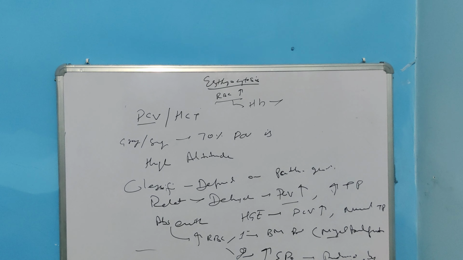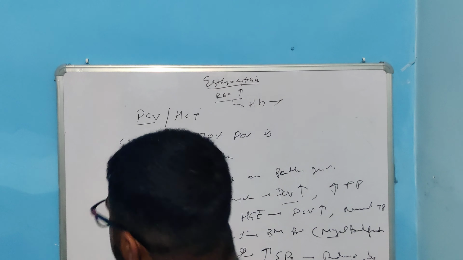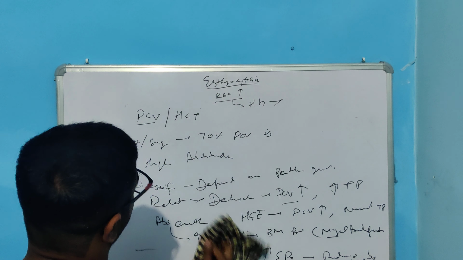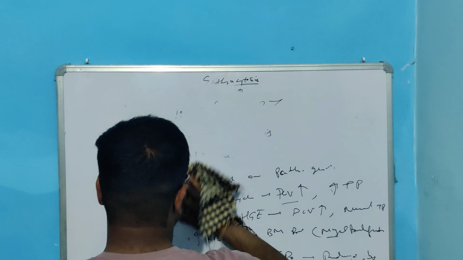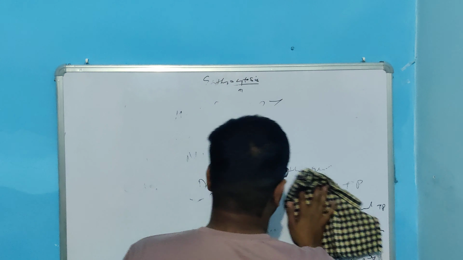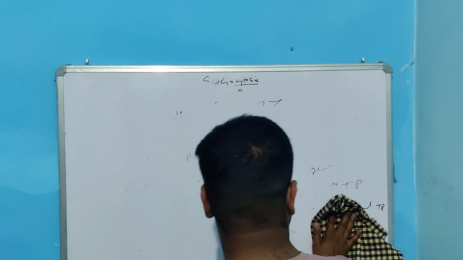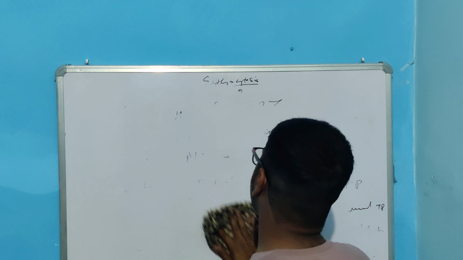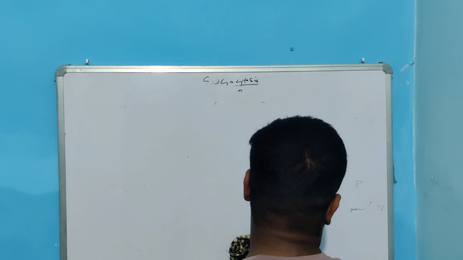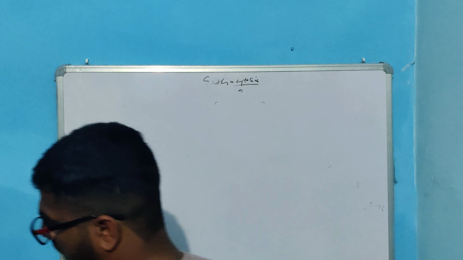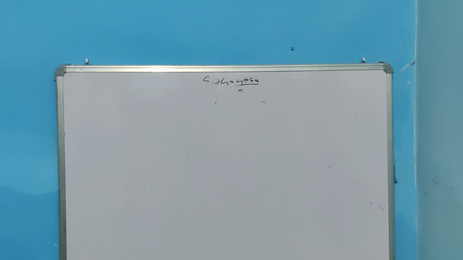Now the clinical signs of erythrocytosis. There is increased viscosity of blood. If there are high erythrocytes or red blood cells, the blood becomes thicker.